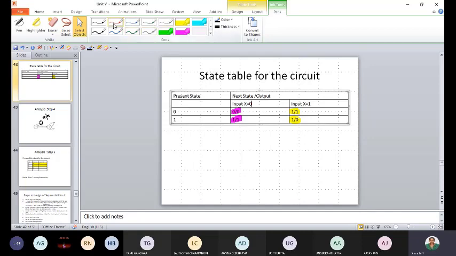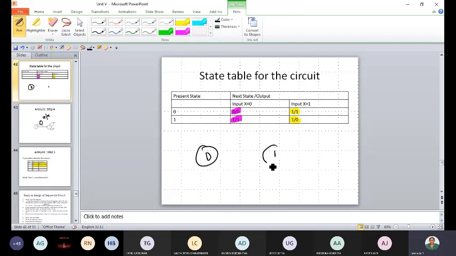Okay, see here, from here I will draw. So you have two states, 0 and 1. You have only these two states. So now assume that you are in this state. You are here in 0. With the present state 0 and when your input is 0, you will be drawing input and output.